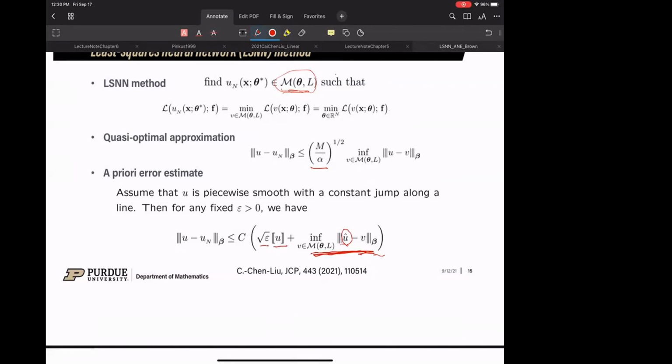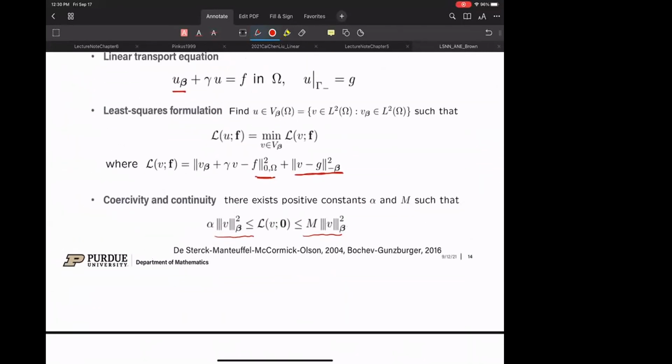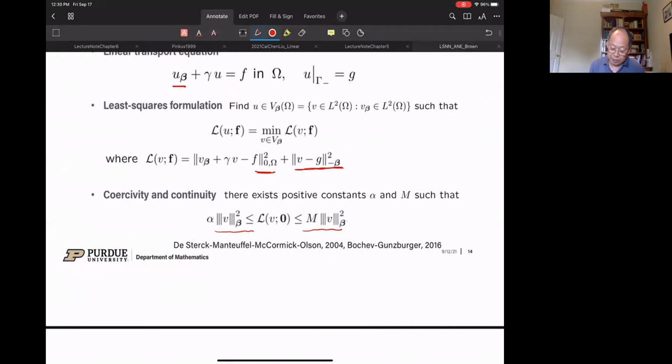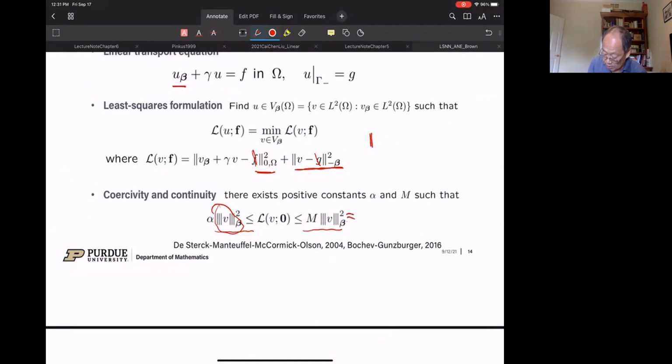Can I ask a question about the norms? The triple vertical, how are the norms defined? Oh, the norm is basically the same if you let the data equal to 0. No, not that norm, the one with three vertical lines. That norm is the L2 norm of the directional derivative plus the L2 norm of the function.